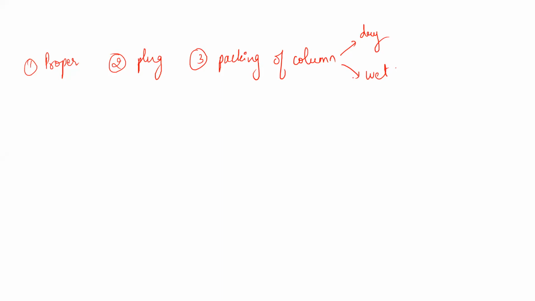Okay, so after that, there are some points to be remembered. When you do a dry packing, there are certain disadvantages. First disadvantage: what are you going to do? You're going to pour the silica powder in your column.